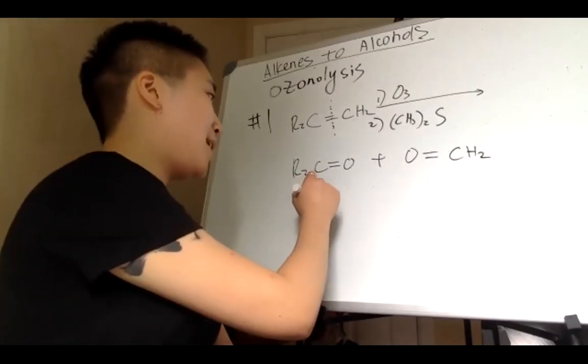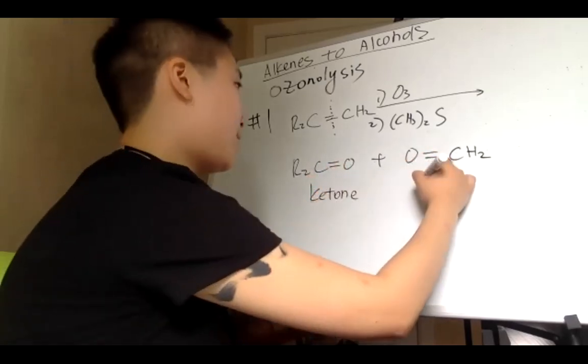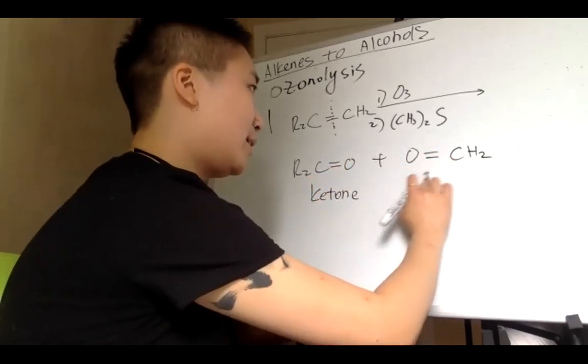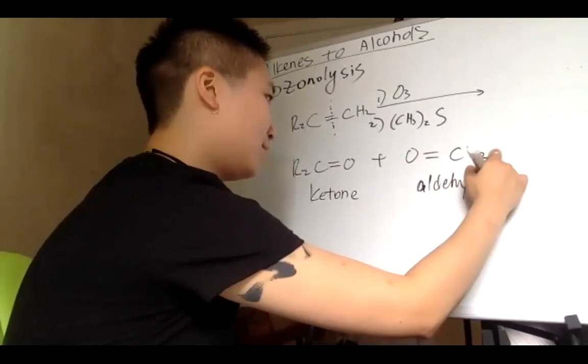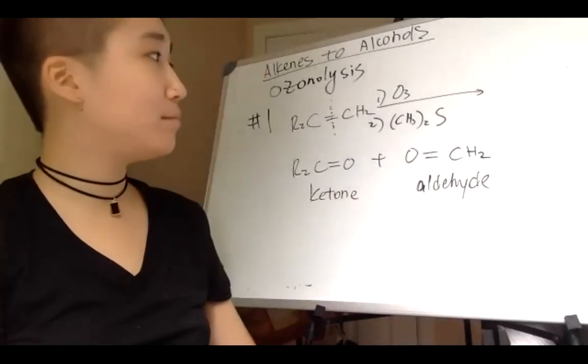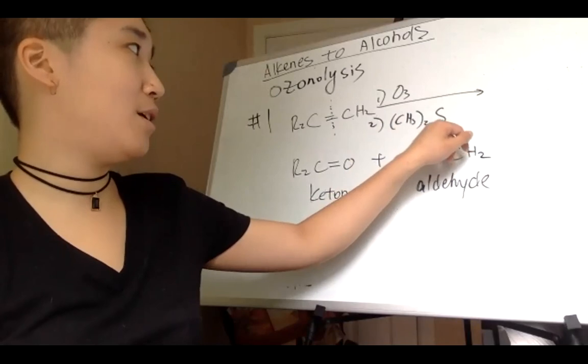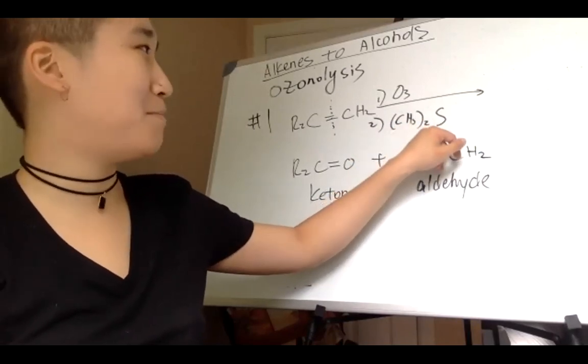So from this reaction, you get a ketone and another ketone. Oh no, it is actually an aldehyde. So this is reaction condition one, where you treat it with dimethyl sulfide.